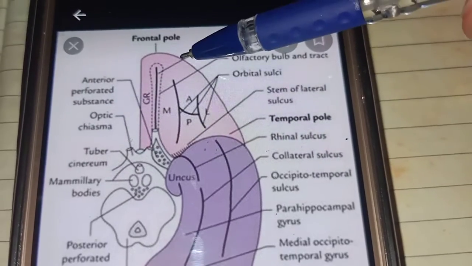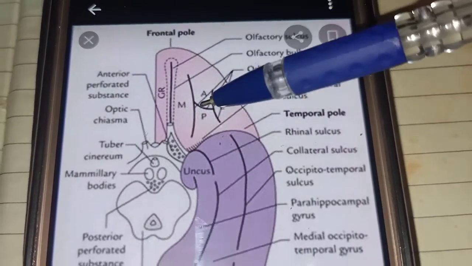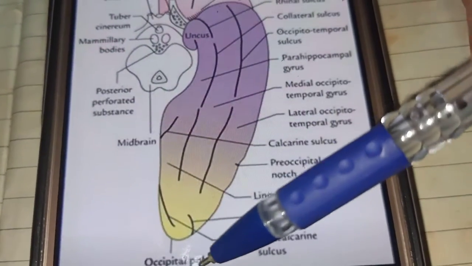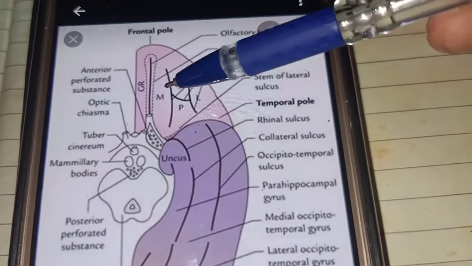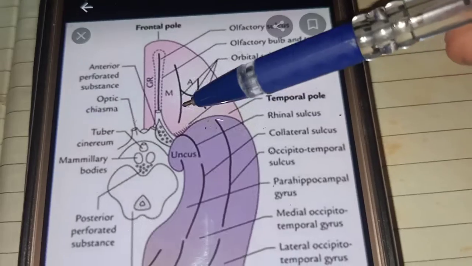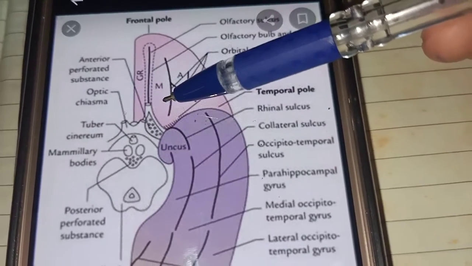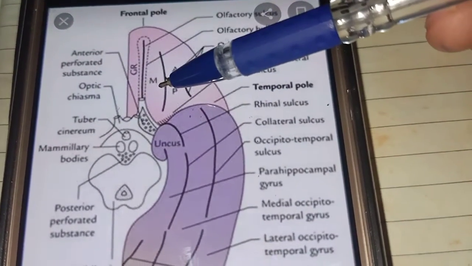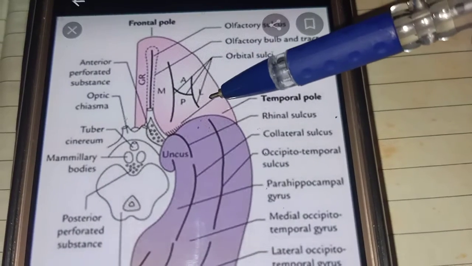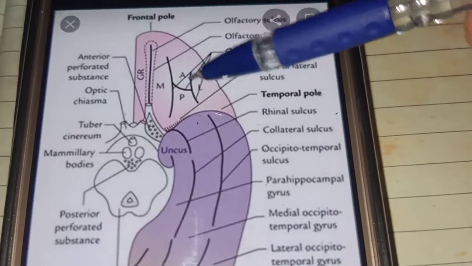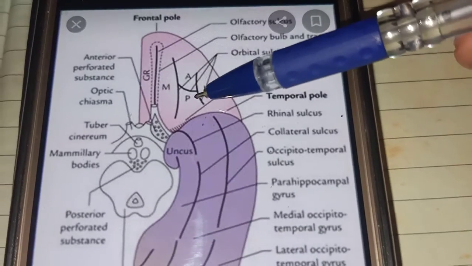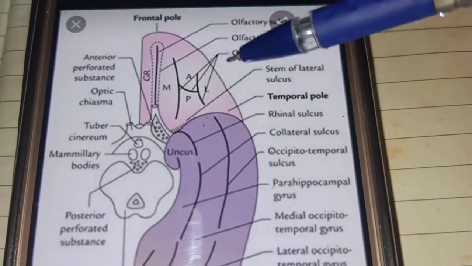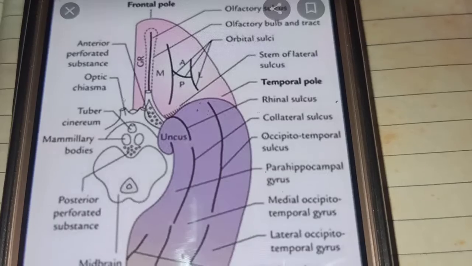The frontal pole is anterior, the occipital pole is posterior, this is the medial and this is the lateral. So this is the medial orbital gyri, this is the lateral orbital gyri, this is the anterior orbital gyri and this is the posterior orbital gyri, surrounding the orbital sulci.